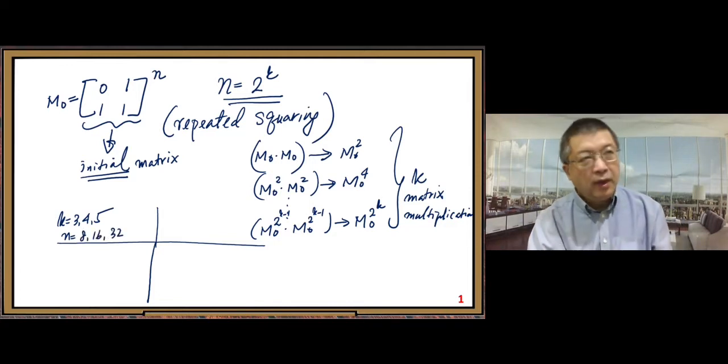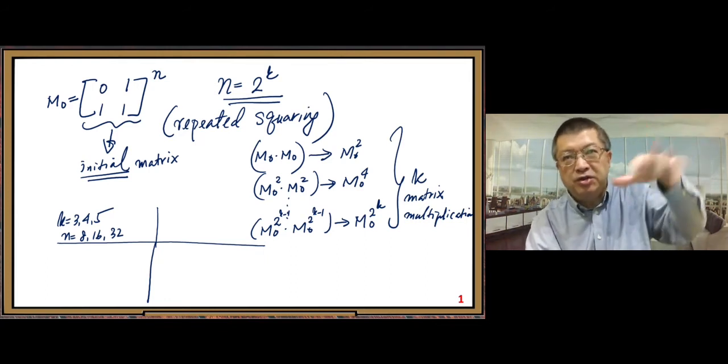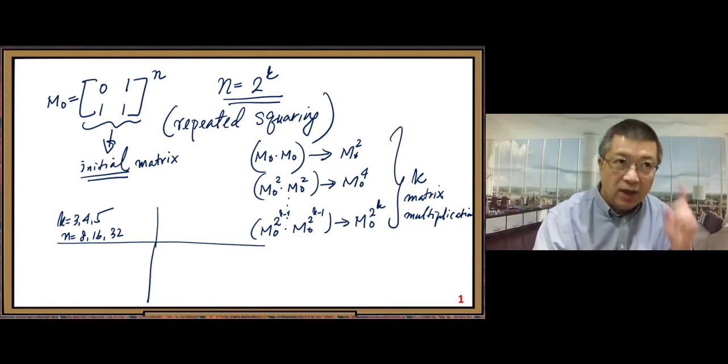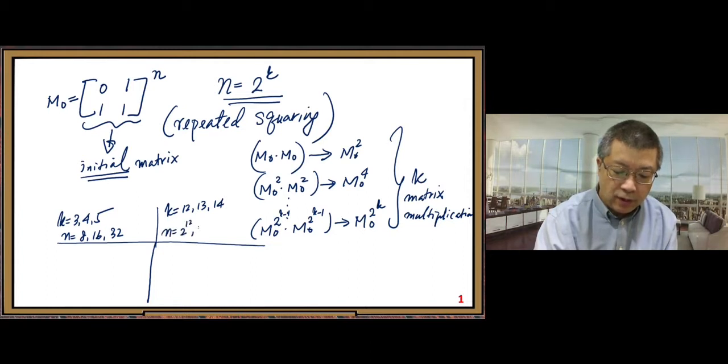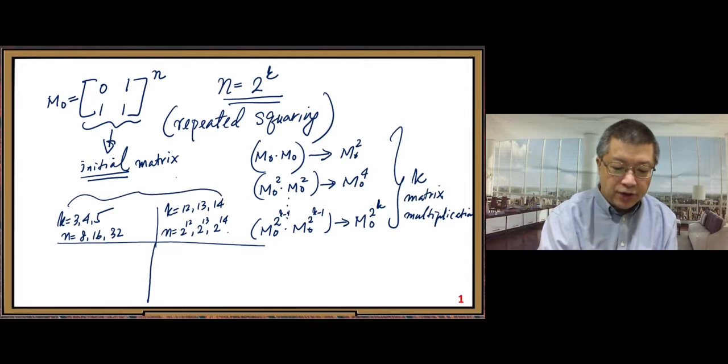The other part is sufficiently large, based on my experiment I choose 12, 13, 14: n equals 2 to the 12th, 2 to the 13th, and 2 to the 14th.